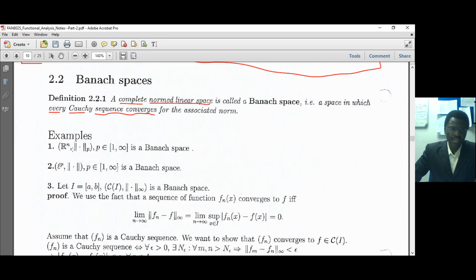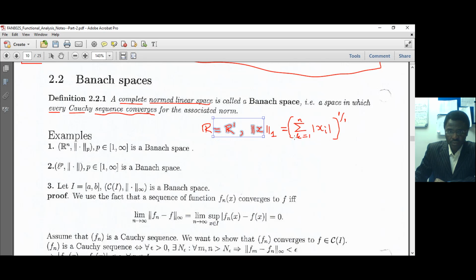Because if you take n equal to 1 and p equal to 1, for instance, in R1, which is R, the one norm is the summation, let me use k, from 1 to n, of the absolute value of x_k, to the power 1, and then to the 1 over p, where p is 1.